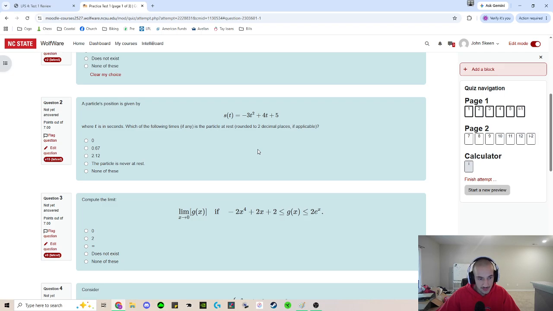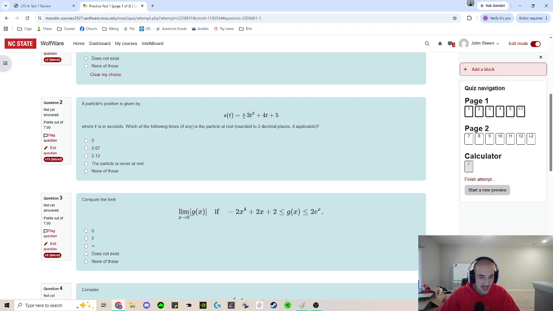So how do we do this? There's a couple different ways. We can't formally take derivatives here because we're not doing the derivatives unit, right? Now you guys should know derivatives at this point, so you know that you want the velocity to be 0.